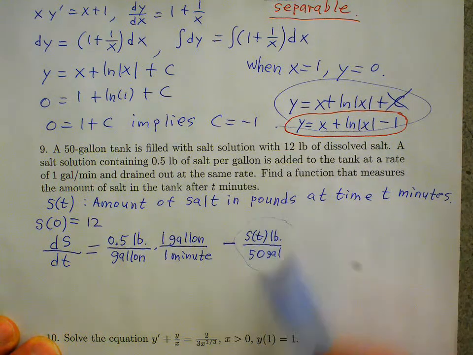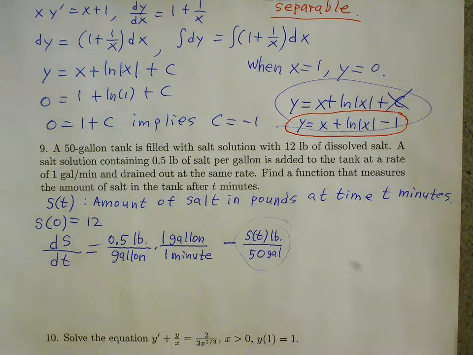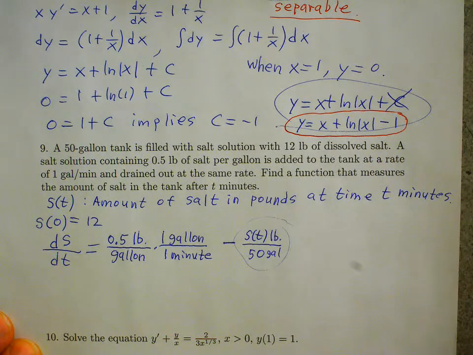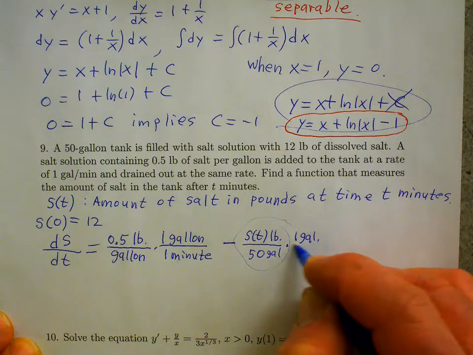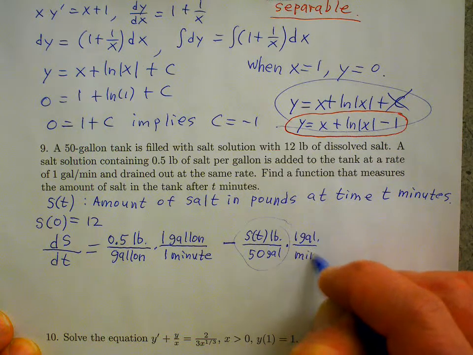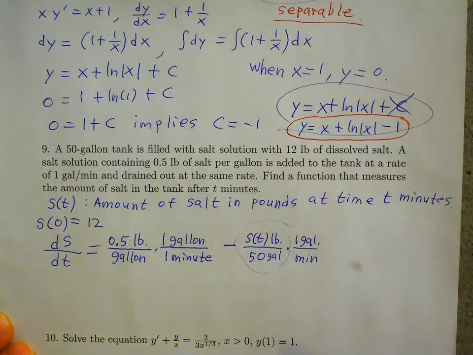So this represents the decimal form of the percent of salt that's in the tank at time t. And then we multiply that by 1 gallon per minute. The gallons units cancel, so this indicates the rate at which salt is being taken out of the tank at time t.